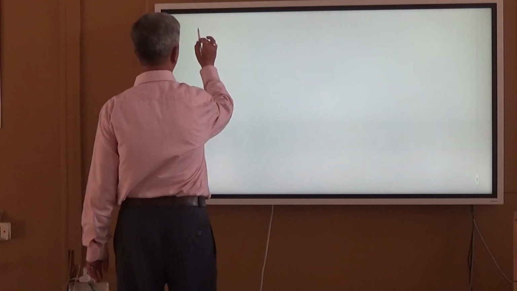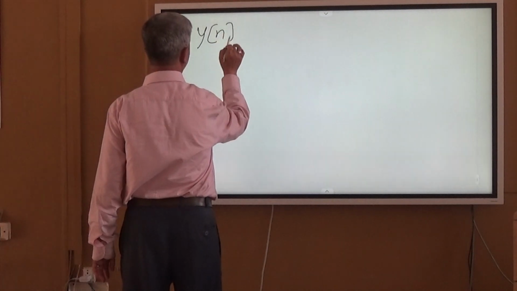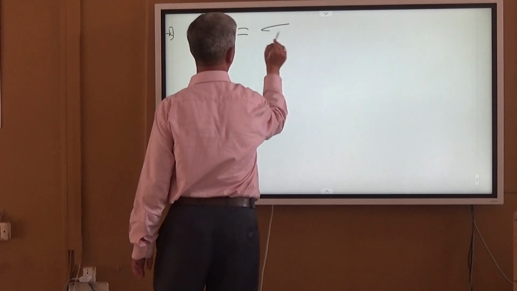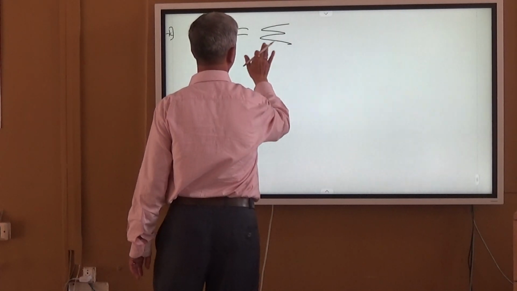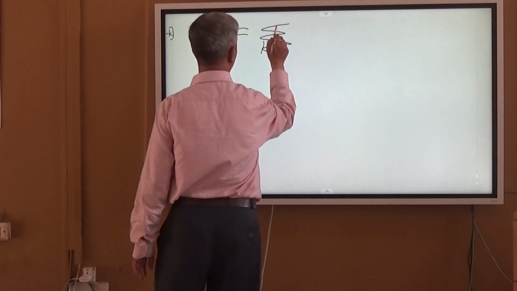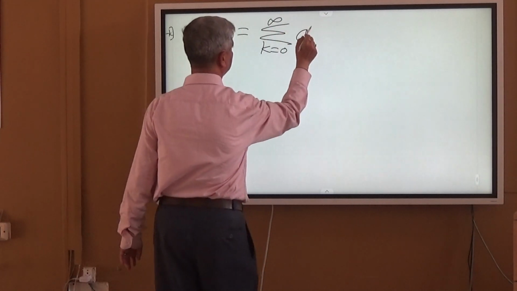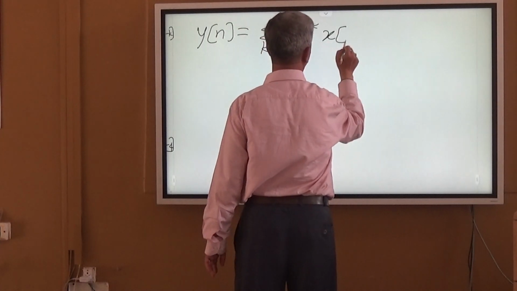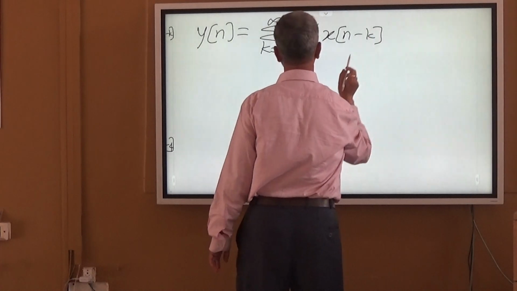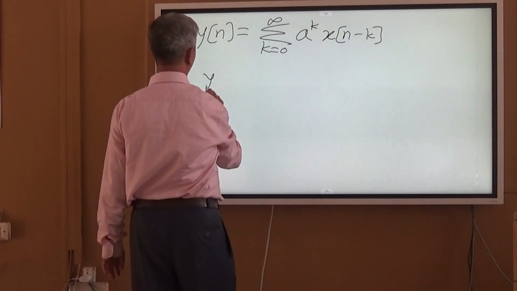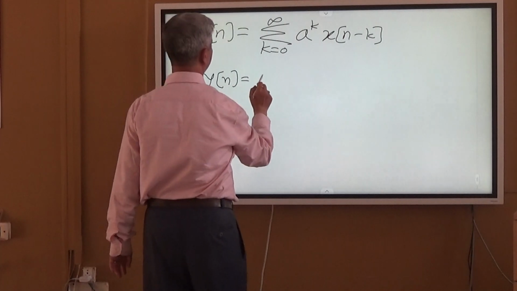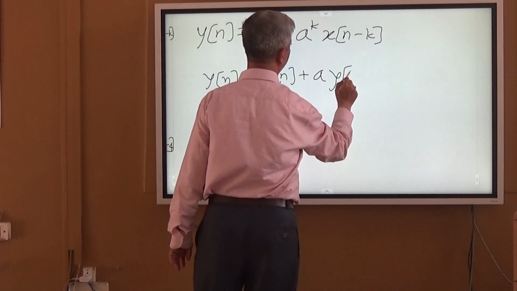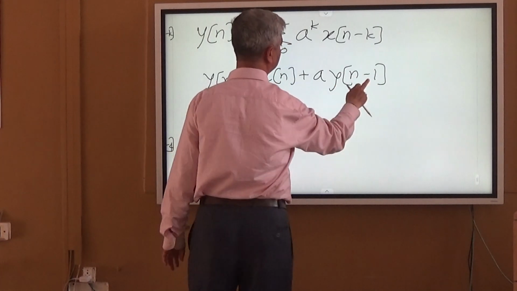What is yn? Yn is summation of k equal to 0 to infinity a raised to k x of n minus k, and yn is equal to x of n plus a of y of n minus 1.